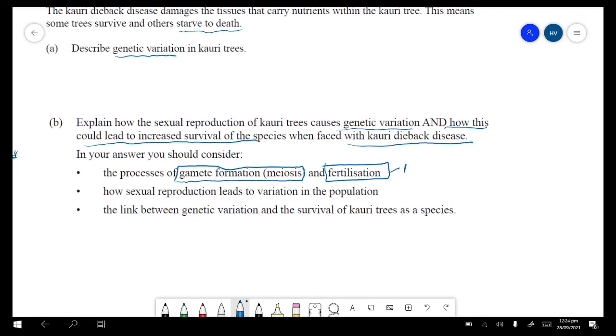And I want to add here random fertilization. How sexual reproduction leads to variation of the population, and the link between genetic variation and survival of the kauri.